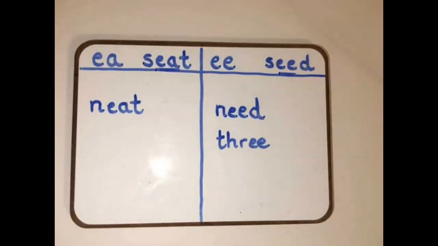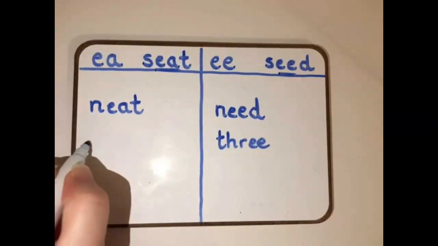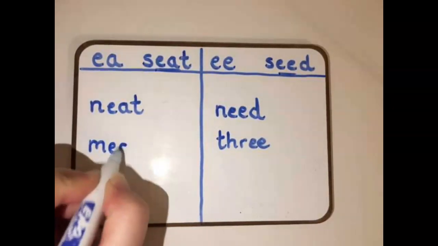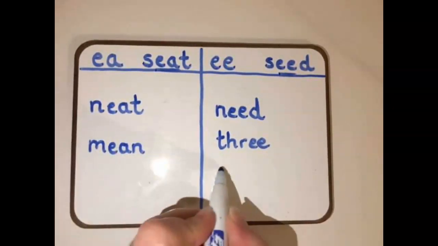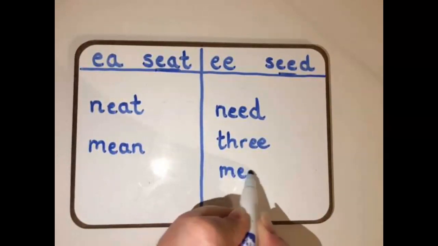Okay. All right. We have one more word to work on for this project, and then we will try something a little bit different. So can you write the word mean? My friend was mean today. Mean. Pause the video and write mean. All right, let's try it with EA. Mean. And let's try it with EE.